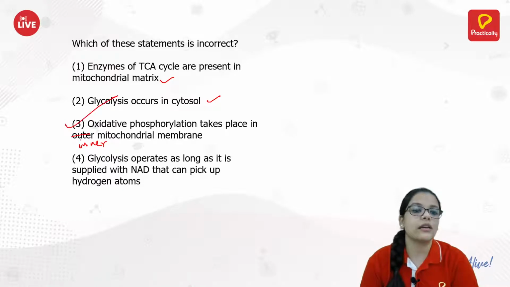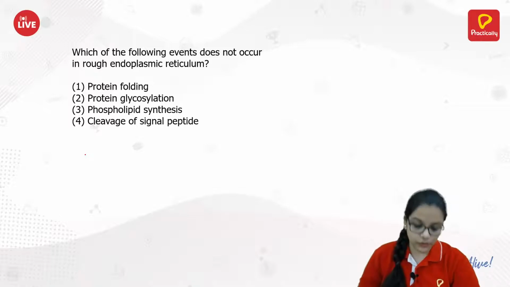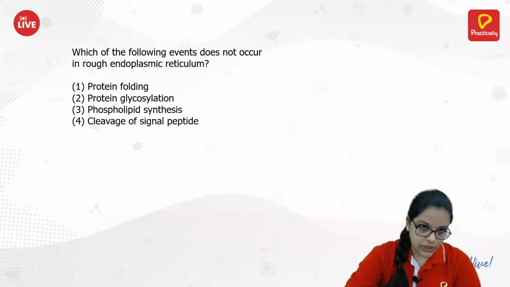This question was there in 2019 also. The answer is 3. Which of the following events does not occur in rough endoplasmic reticulum? Protein folding, glycosylation, phospholipid synthesis, cleavage of signal peptide.